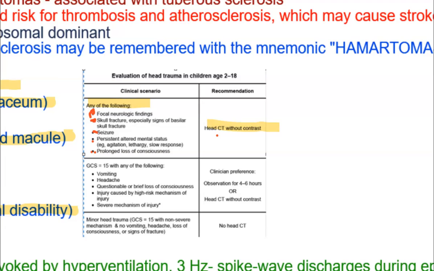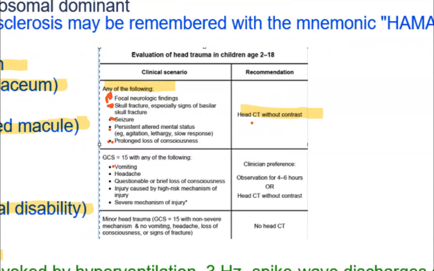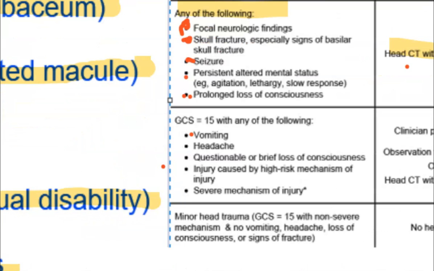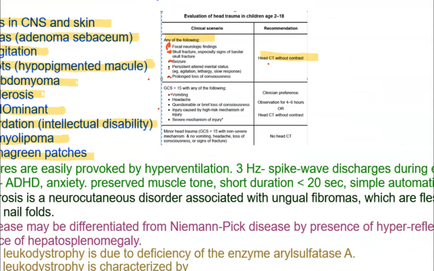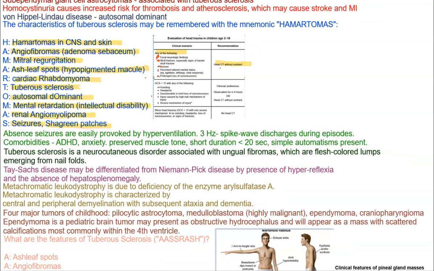There we go. Okay, so next one here is going to be GCS 15 with any of the following: vomiting, headache, questionable or brief loss of consciousness, injury caused by high-risk mechanism of injury or severe mechanism of injury.